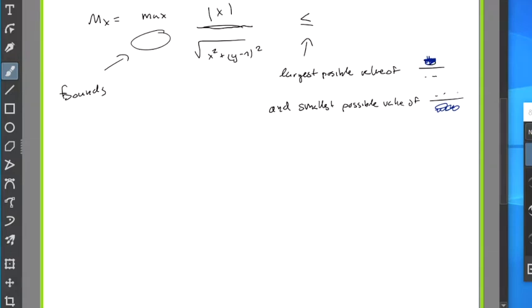And we can do that independently of each other. We're only determining a bound, we're actually not determining the exact maximum.